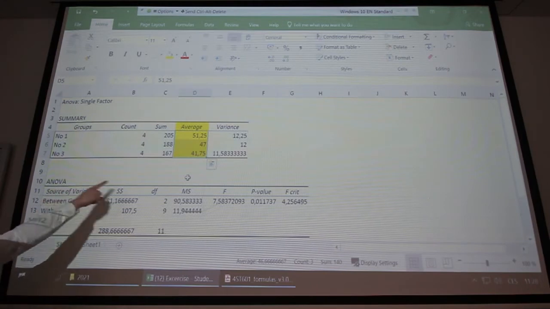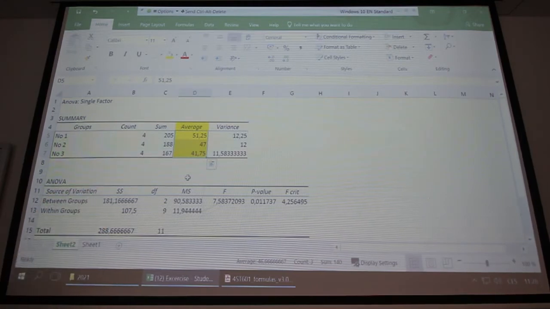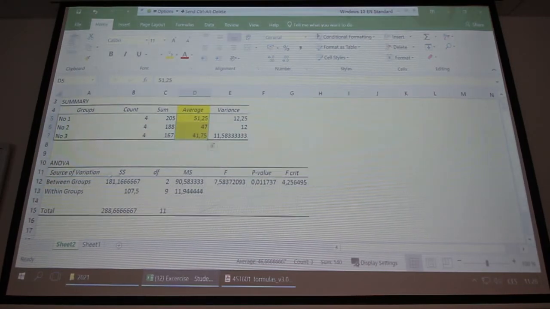So we have here the ANOVA table, and it will be good to write here something more. Source of variability. Between groups, this is treatment variation.